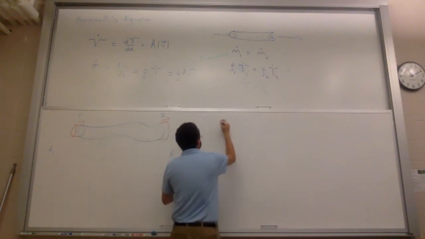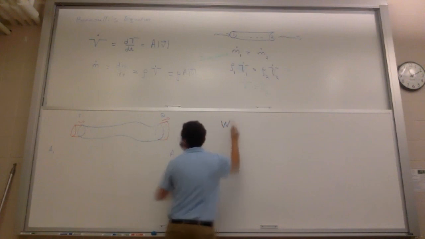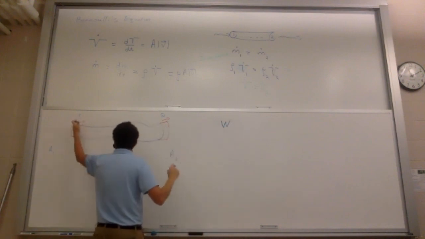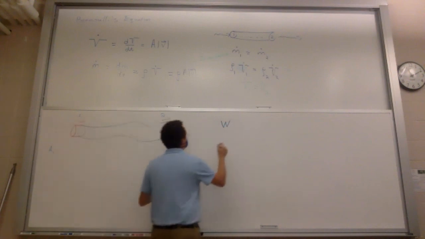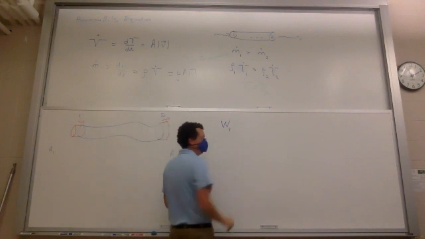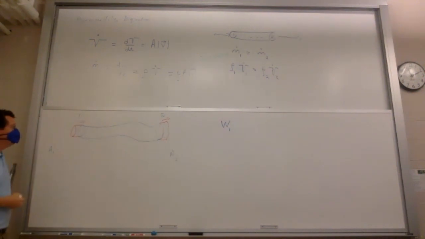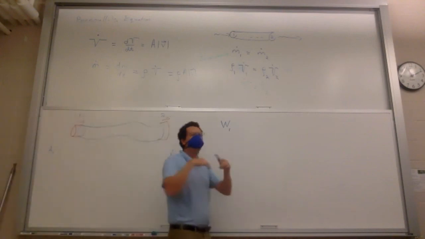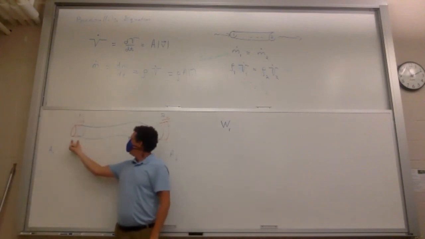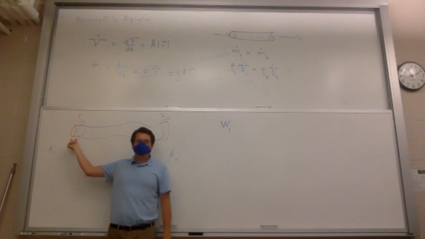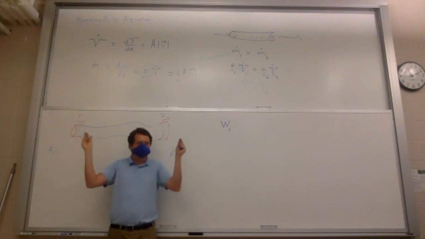Let's just focus over here on the left. So the work at 1. What's the formula for work? Really it's an integral, but remember, I'm going to make these really thin and take a limit. These are differential-size hockey pucks eventually.